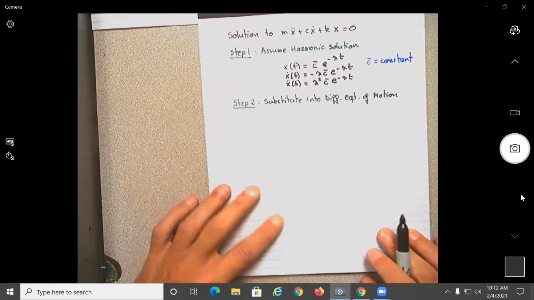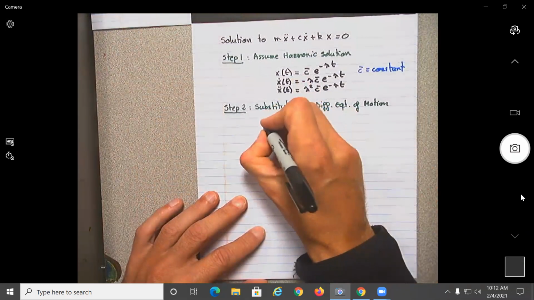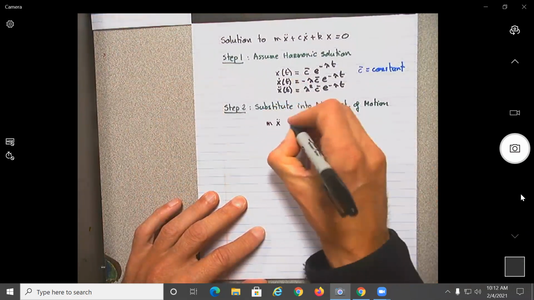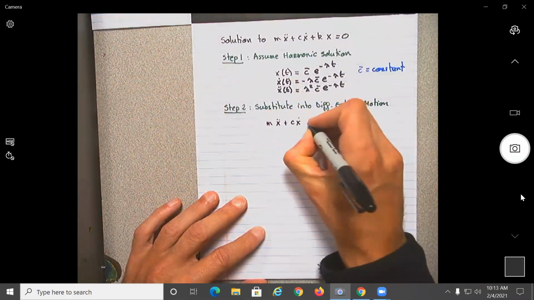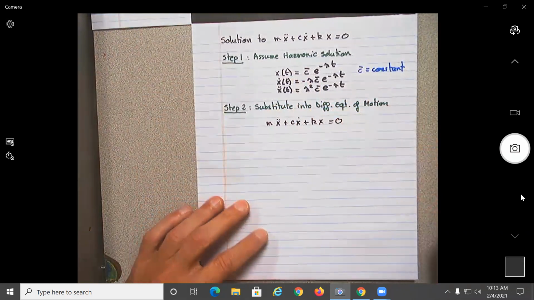So what we need to do is to substitute over here. So that would be m x double dot plus c x dot plus k x equal to 0.